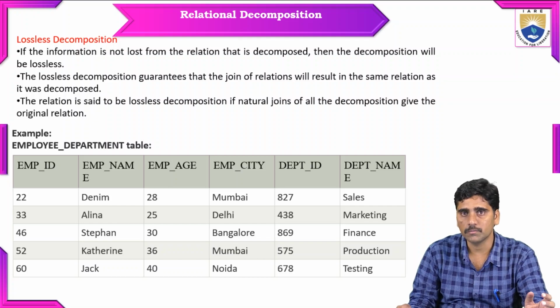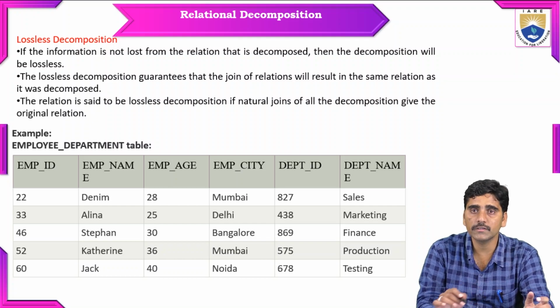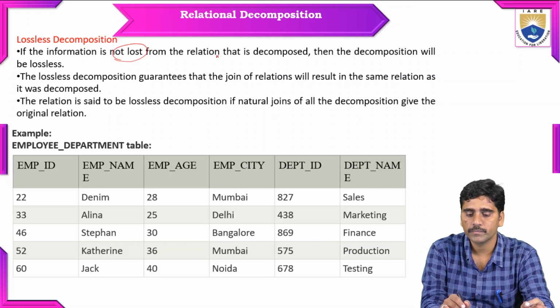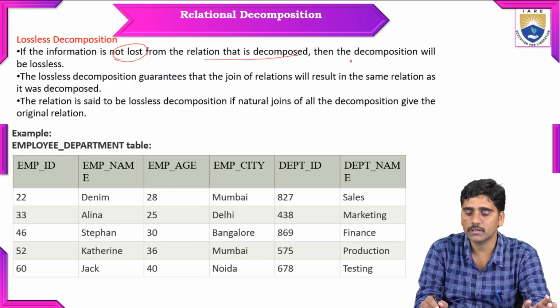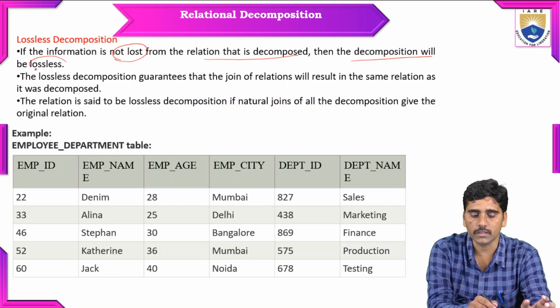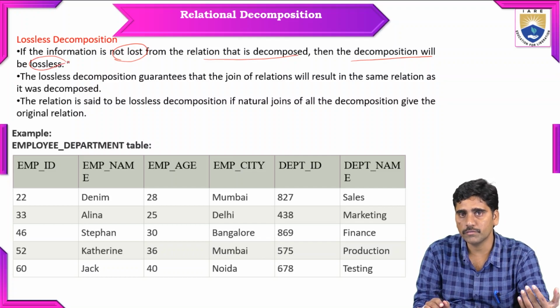Lossless decomposition: if the information is not lost from the relation that is decomposed. When you are decomposing the table, if no information is lost, then the decomposition will be lossless.